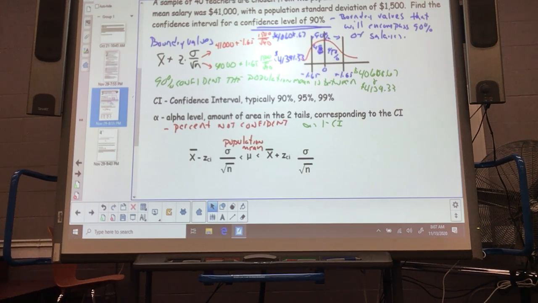So ultimately, you want to predict the population mean. And we can predict a range of values that you're going to be in between. And this is what we will be calculating.